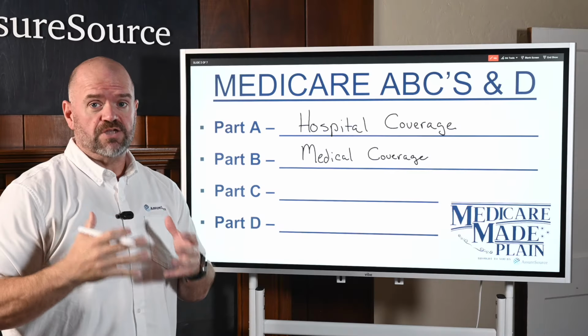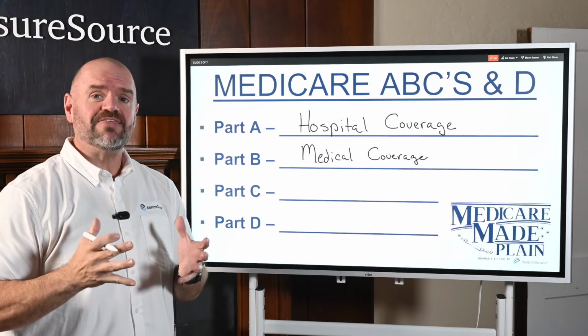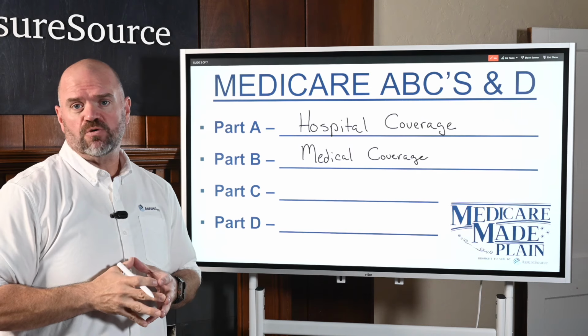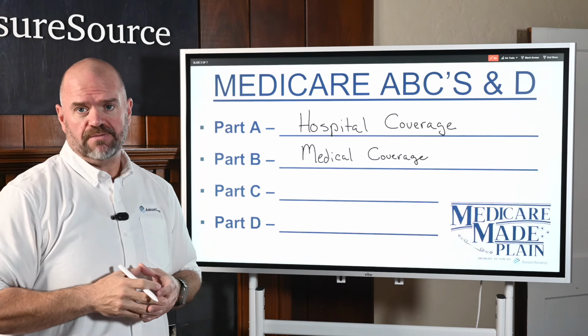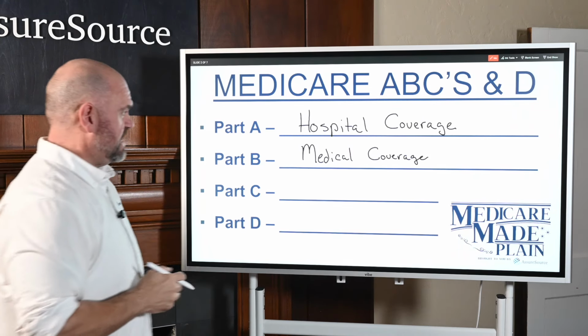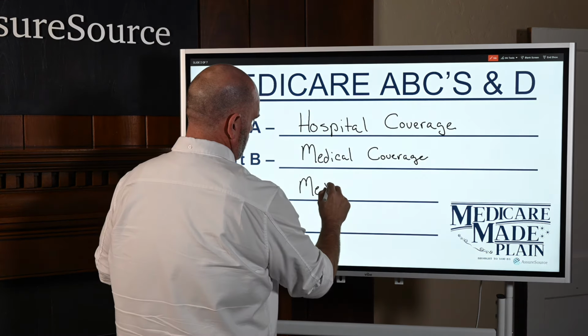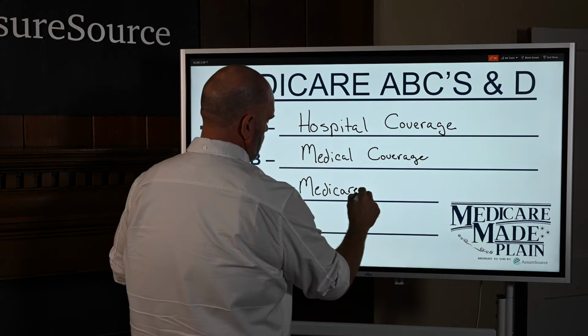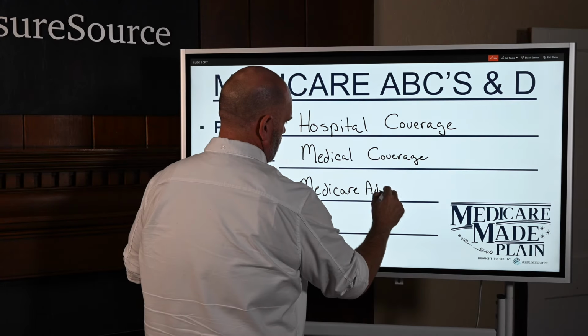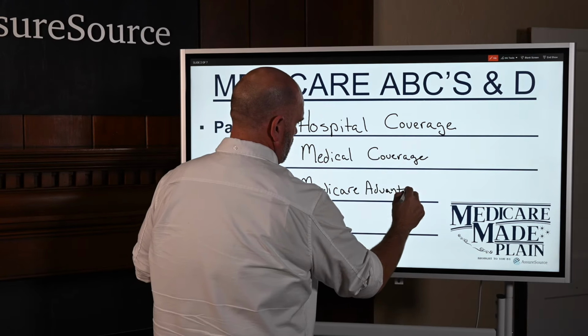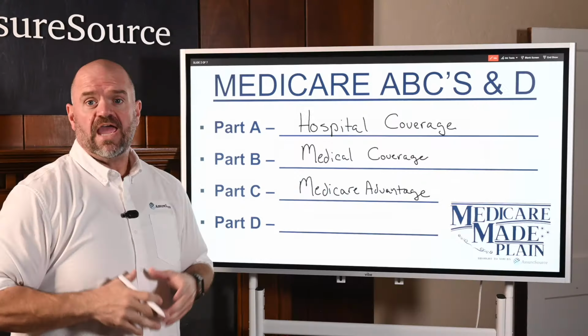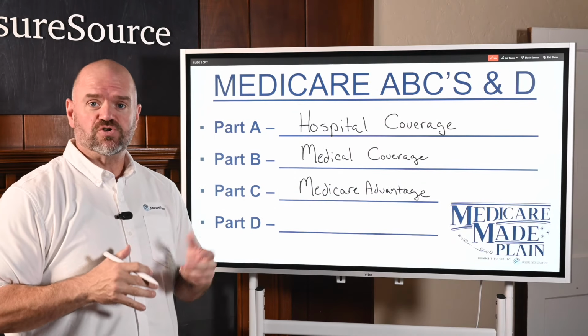So if you go see a doctor, you go see a specialist, you have anything done outpatient, it's going to be covered under Medicare Part B. Medicare Part C is Medicare Advantage. And then Medicare Part D is your drug coverage.